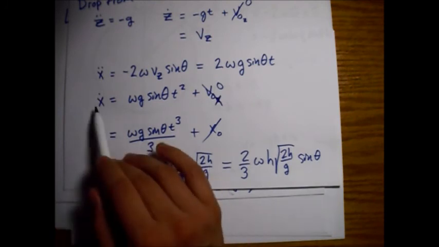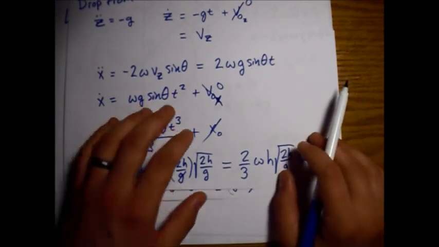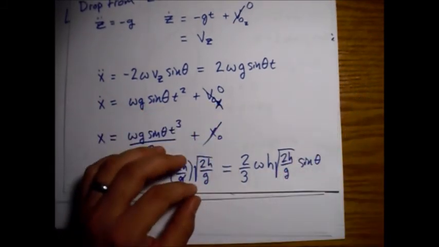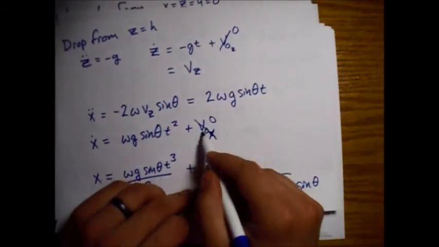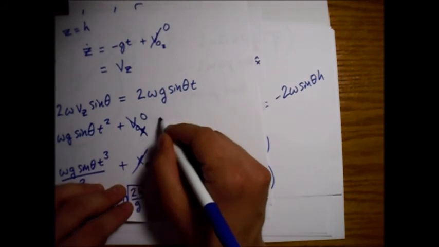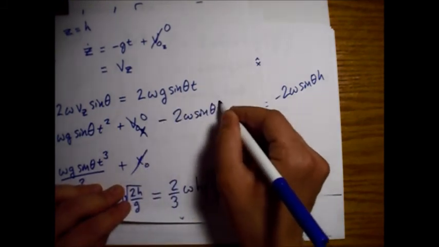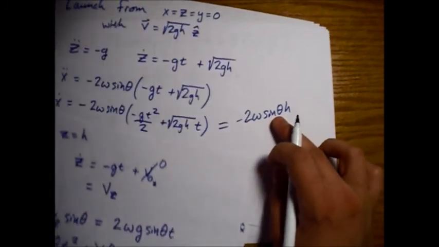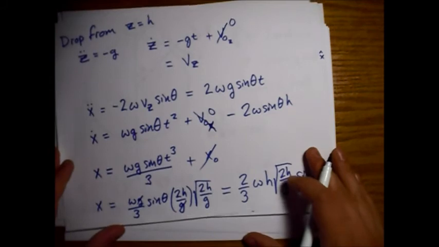And this is in the x direction, by the way. We set that to 0, but if we're launching it up from the ground, then we need to set that to the velocity we found from before. So this would be a minus 2 omega sine theta multiplied by h that we got from plugging the t into this equation.